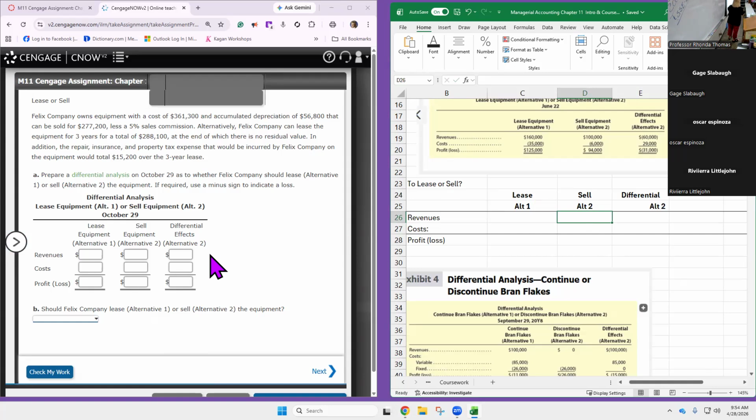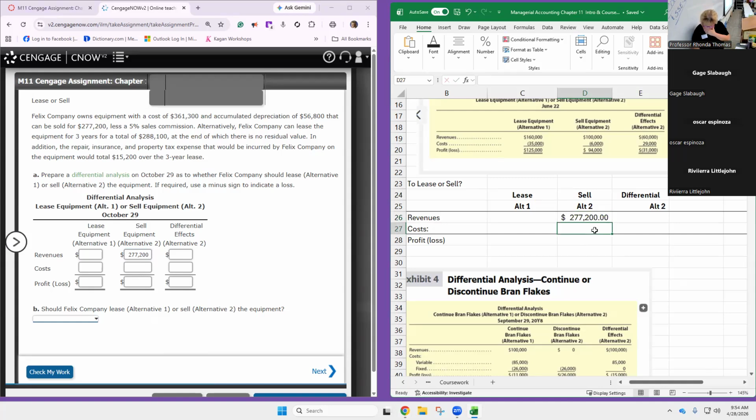Some are just going to require costs only. So we got to look at revenue from the revenue point of view, if it's positive or negative, and then costs, positive or negative. Remember, costs are opposite of revenue. So I'm going to put this sale in. The sale is 277,200, and I'm going to put it on my sheet as well.